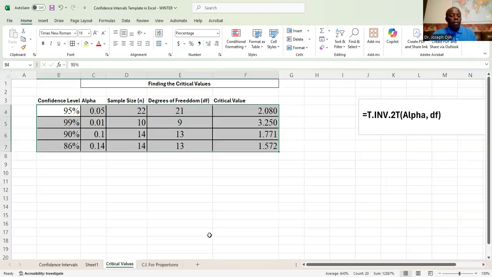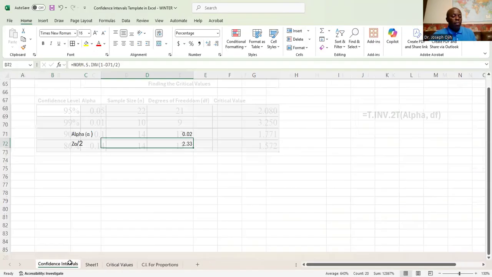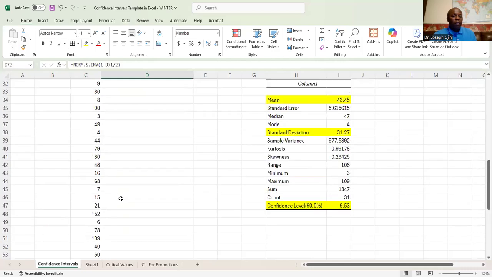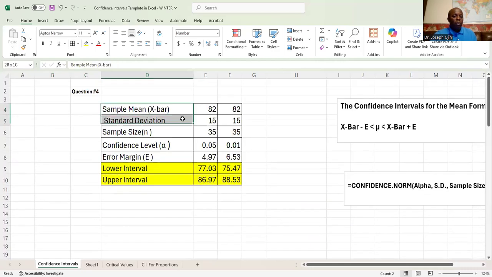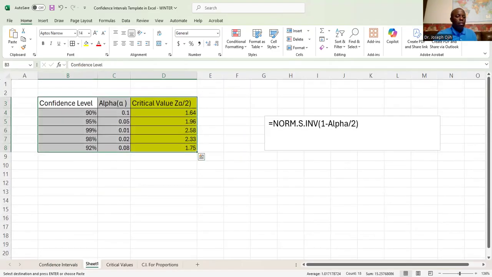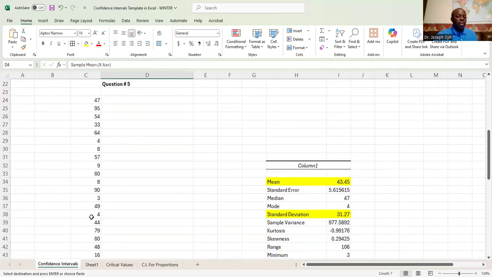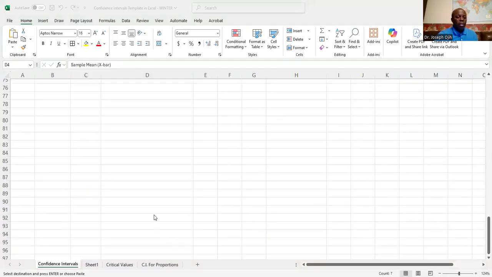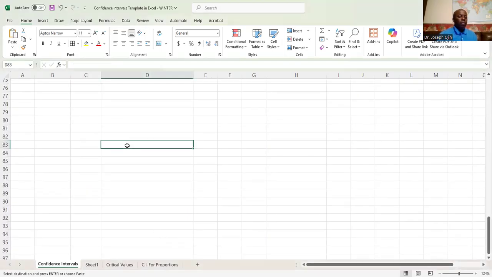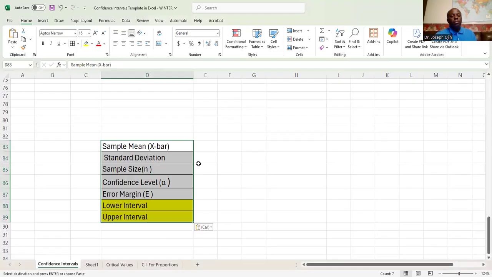Okay. So we have confidence interval for T. I'm just going to copy this side and paste it below that. Paste it right here. Okay.